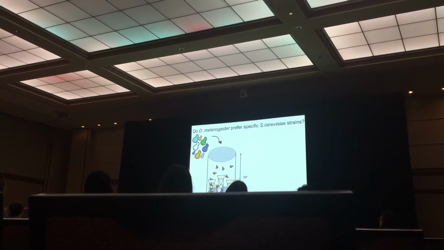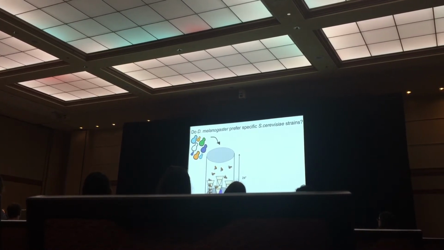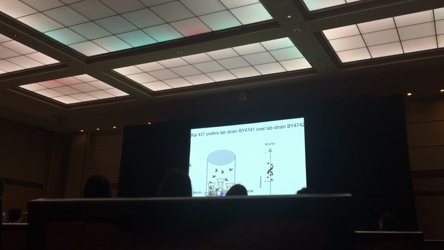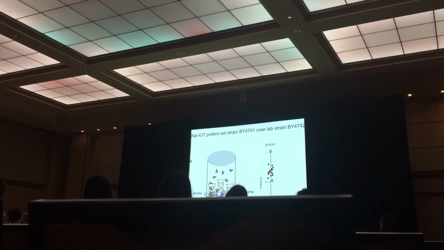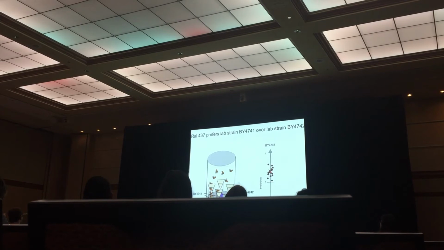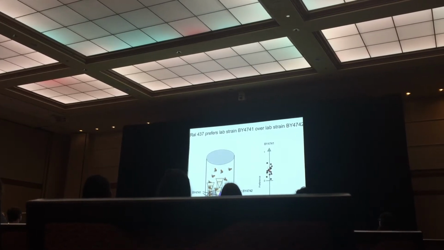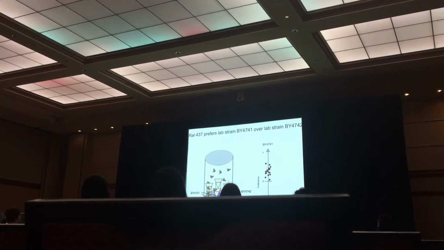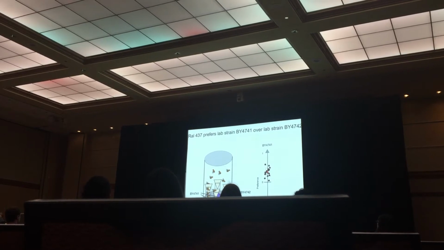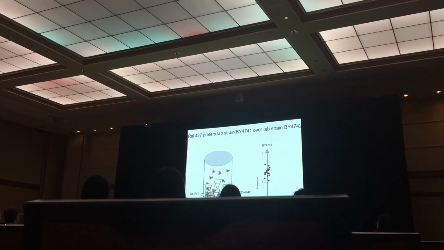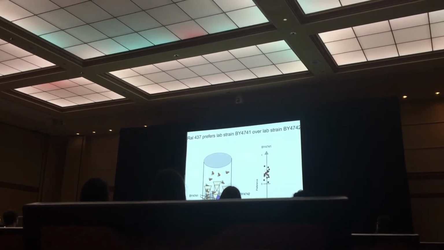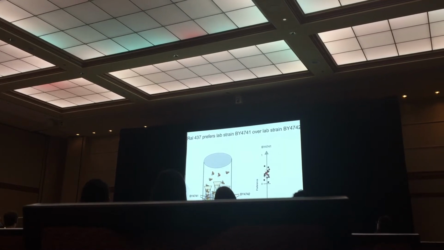I was screening across many different yeast strains, and the most surprising result came from when I baited the traps with two yeast strains, BY4741 or BY4742. The flies consistently preferred BY4741 baited traps over traps baited with BY4742.